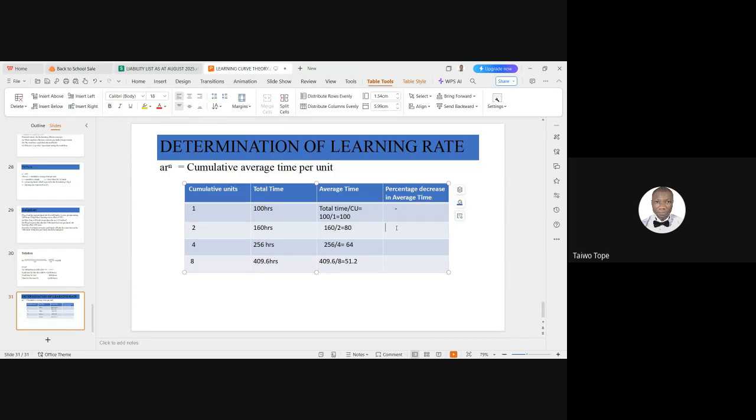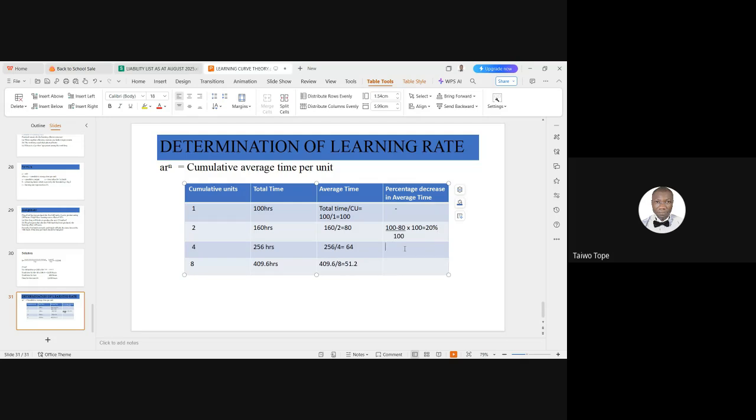The percentage decrease at the cumulative unit of 2 will be, this is the approach, 100 minus 80 divided by 100, multiply by 100. What will be the result? 20%.